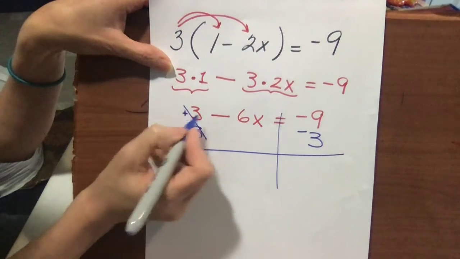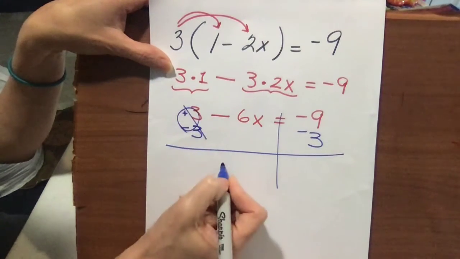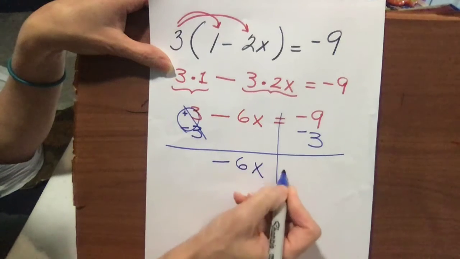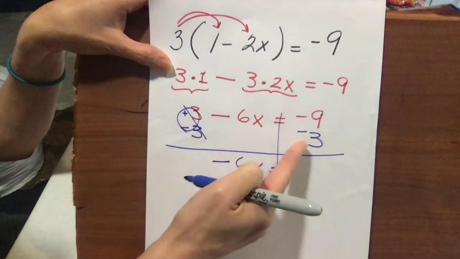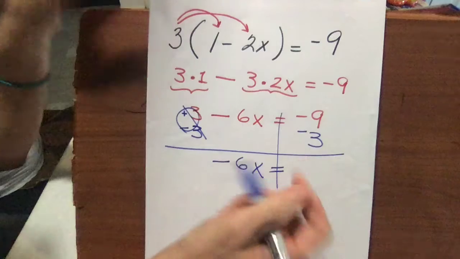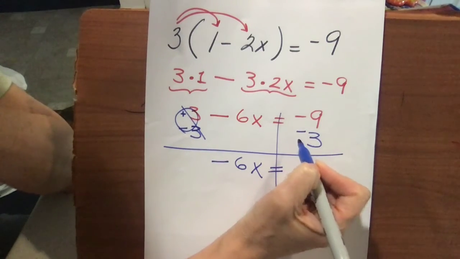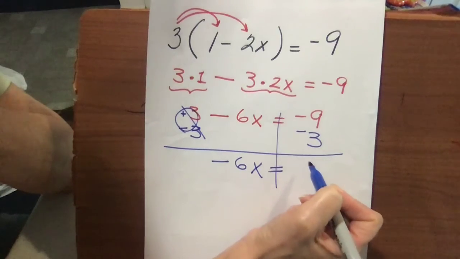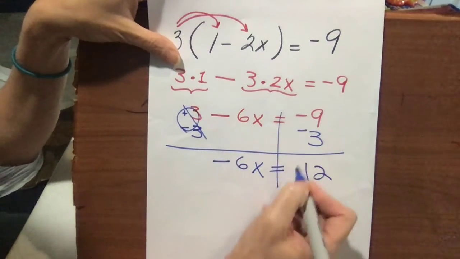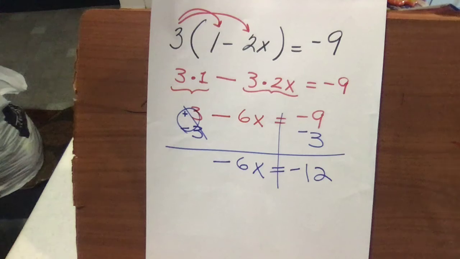Positive 3 minus 3 gives you 0. So we bring down negative 6x equals, and negative 9 plus a negative 3 means we have like signs, same signs being added. So we add up the 9 and 3 and we get 12, and we keep the sign, negative 12.